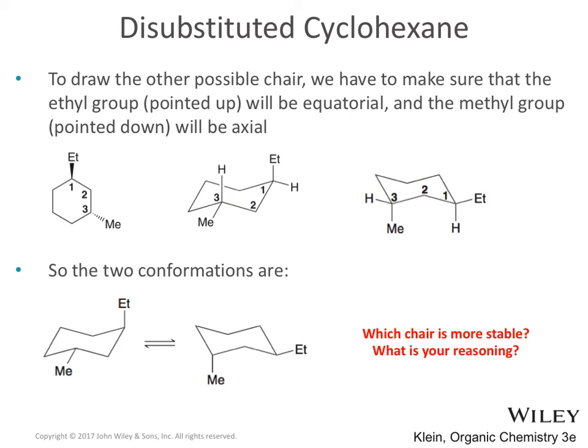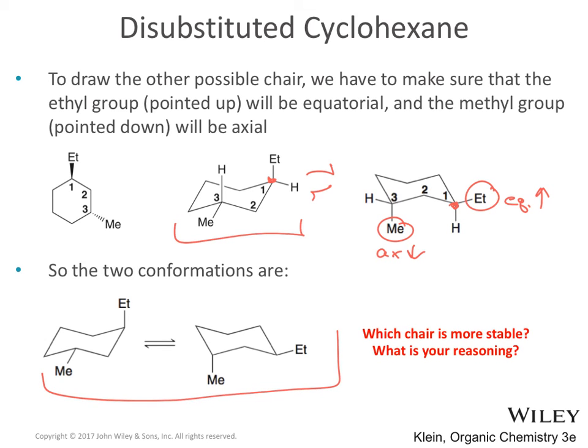Now you want to do the ring flip. So in the ring flip, this is going to make everything that was axial equatorial and vice versa. So when you draw your ring flipped chair, now carbon 1 is over here, and the ethyl that was axial up is now equatorial up, and the methyl that was equatorial down is now axial down.